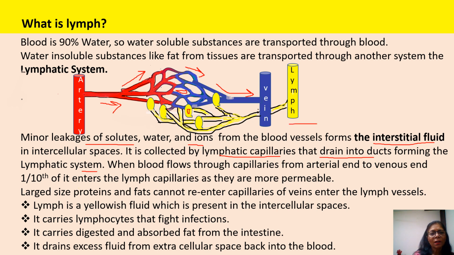So lymph is a yellowish fluid which is present in intercellular spaces. It carries lymphocytes that fight infection. It carries digested and absorbed fat from the intestine. Large size proteins and fat molecules, which are leaked from the capillaries, cannot re-enter the capillaries of veins.